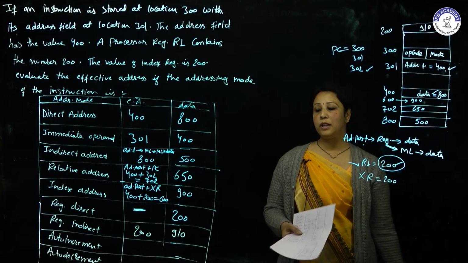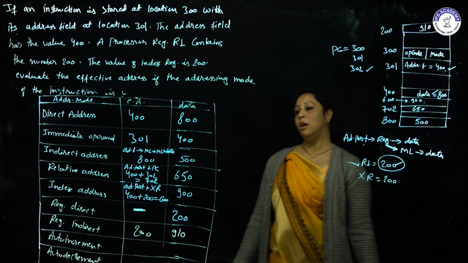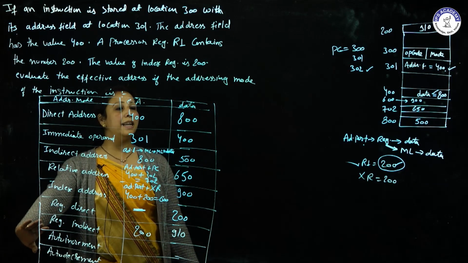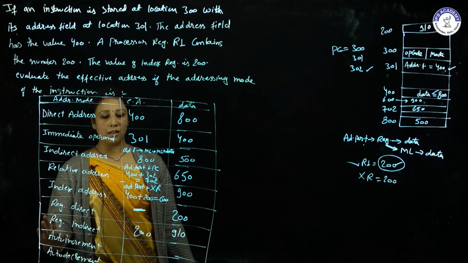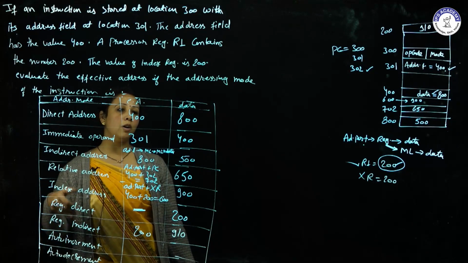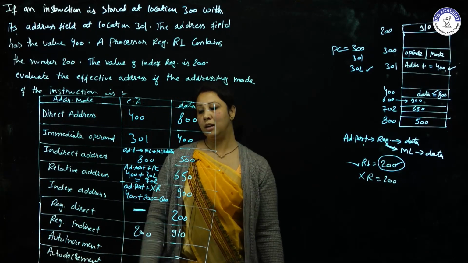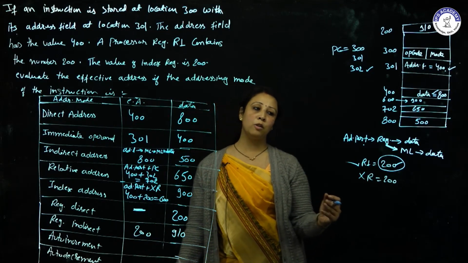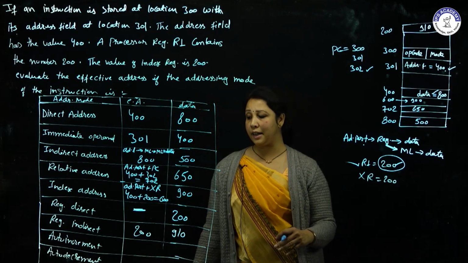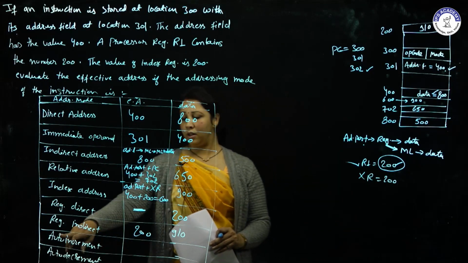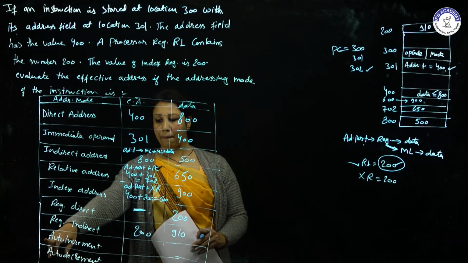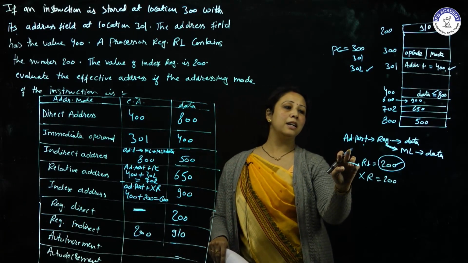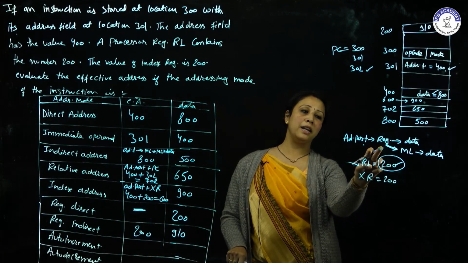Now the next is auto increment and auto decrement mode. Auto increment and auto decrement mode first execute in register indirect mode, then the location is incremented or decremented. So increment always happens after accessing the data and decrement always happens before accessing the data. So auto increment mode automatically covers the register indirect mode. That means the address part contains the address of a register.